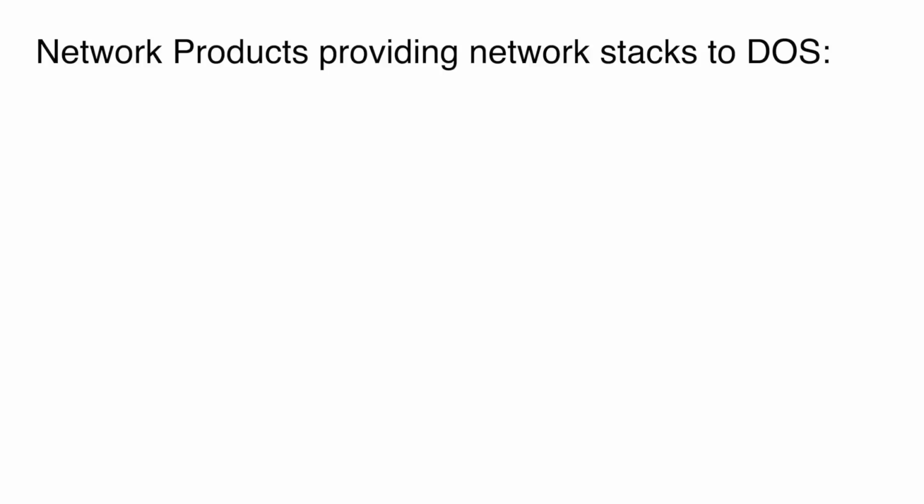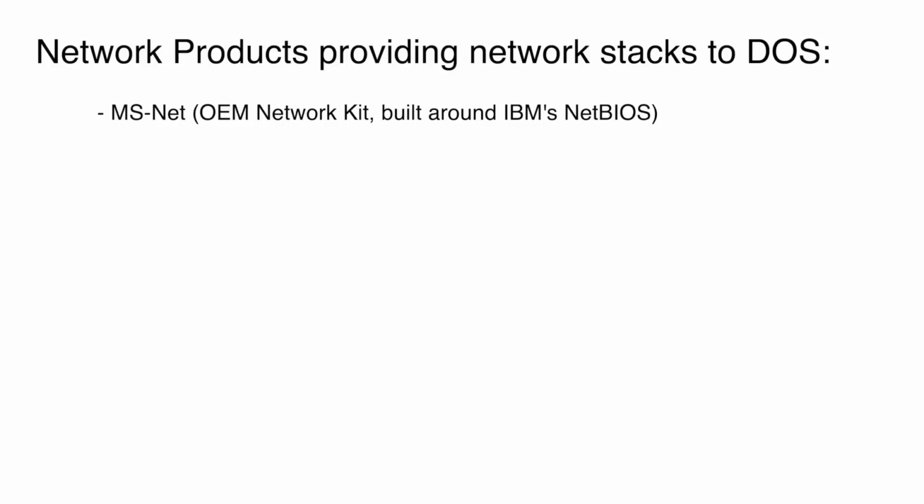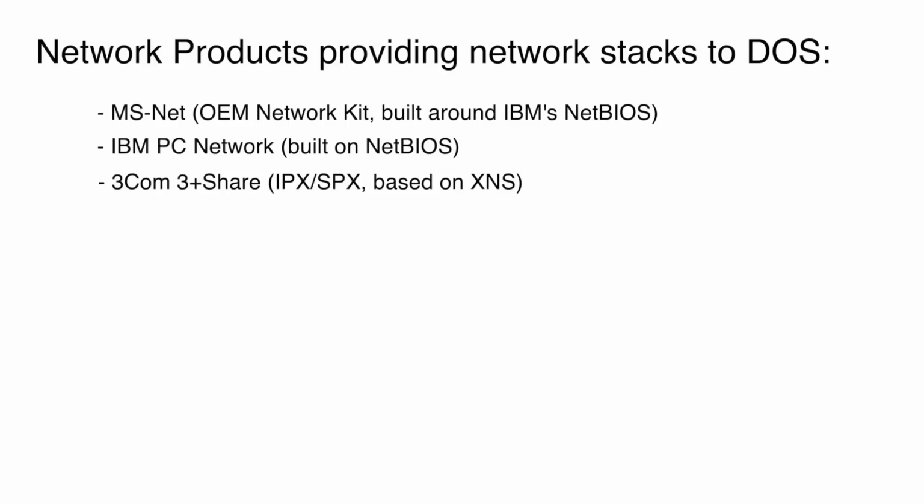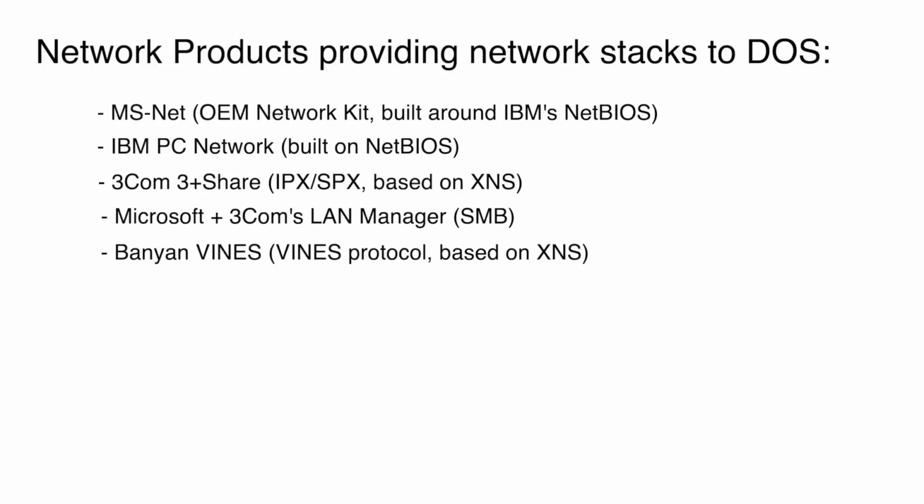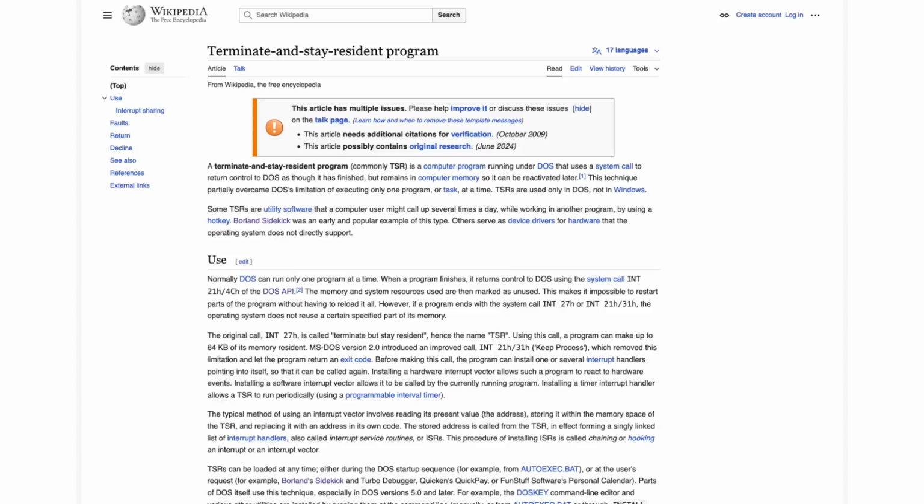That one was provided, besides Microsoft, by many other vendors, be it Novell but also Lantastic and Banyan Vines, just to name a few. These products would all be separately installed to DOS in order to provide the desired network functionality. However, DOS was not designed as a multi-user and multitasking operating system in the first place.